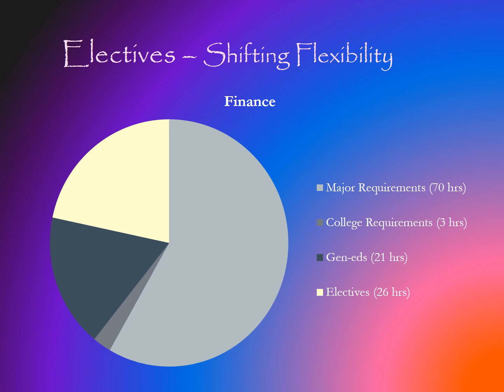So there are going to be some that are going to be much smaller in terms of the elective part of the pie, but that doesn't mean that the students aren't going to have some flexibility, because again, a lot depends on general education coursework already being completed through incoming credits, and a lot depends on summer courses, if a student is willing to take summer classes to help open up some flexibility during the term. So you want to keep all of those things in mind when working with students.